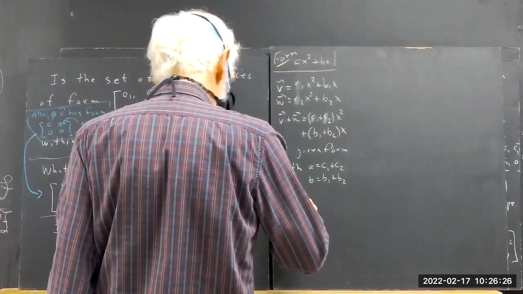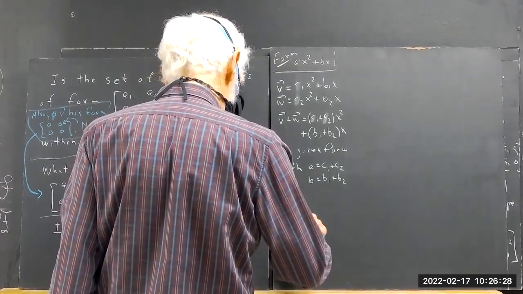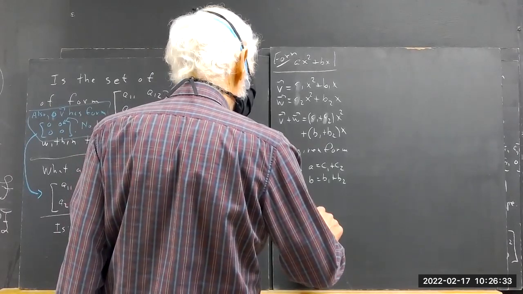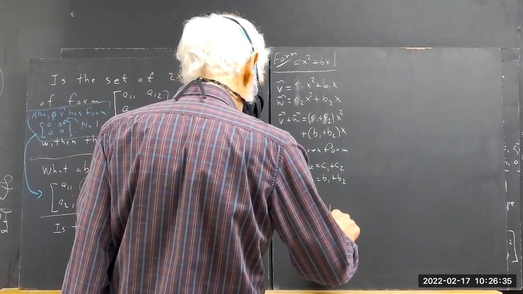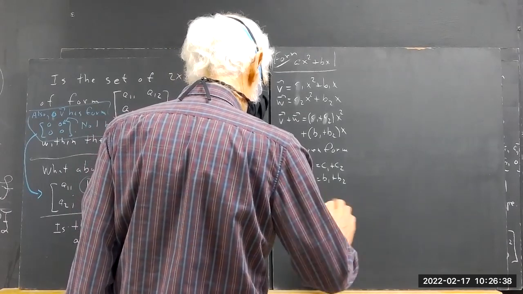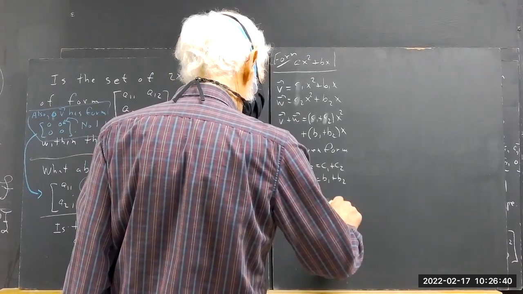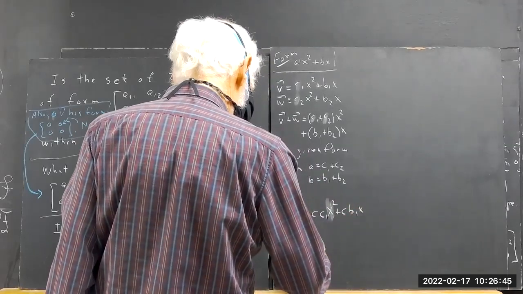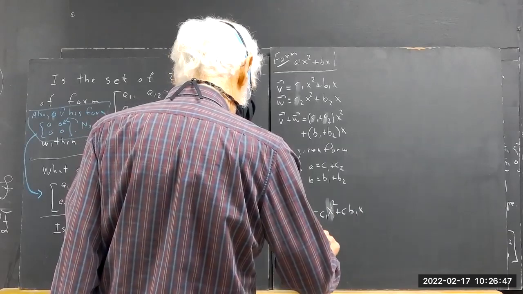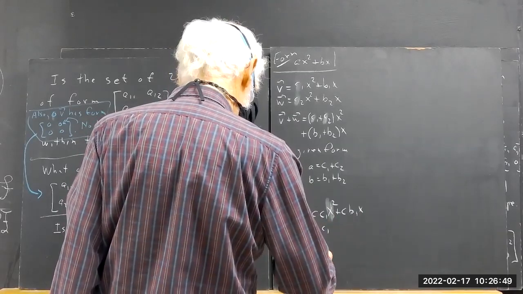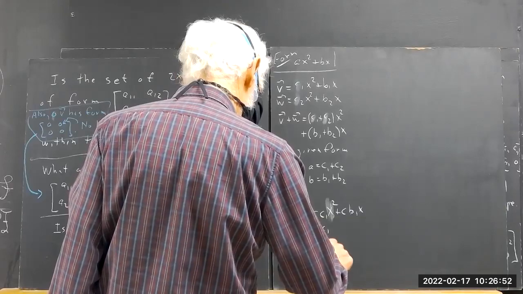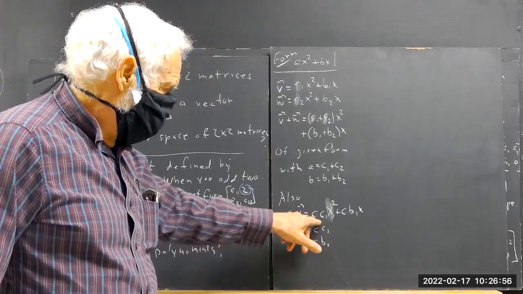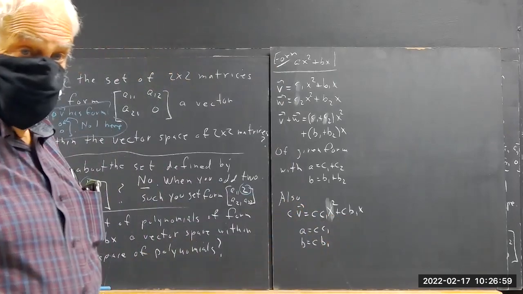Also, just picking the B vector, you can see that this still has the form.